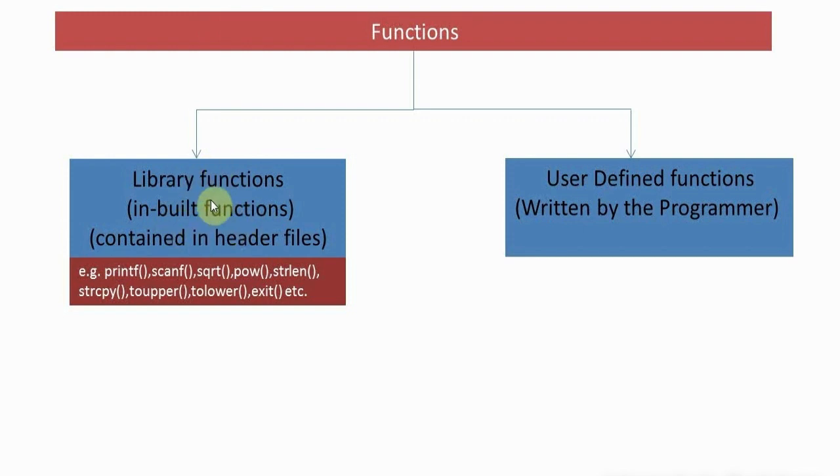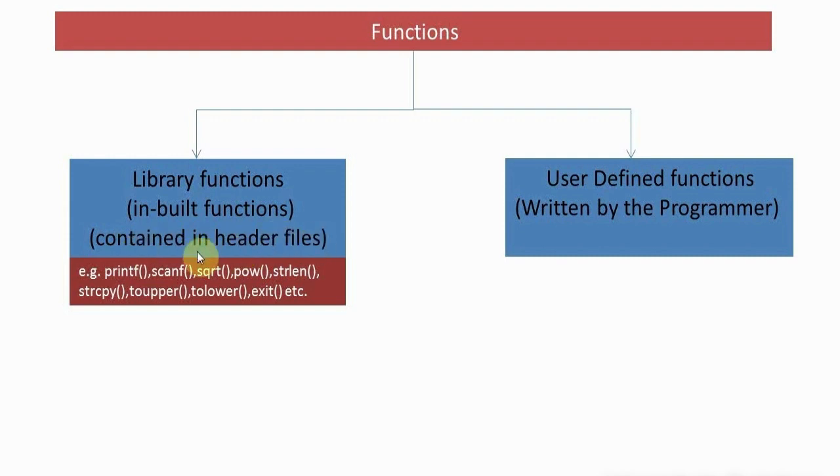These are the functions which come along with your compiler or the language that you are working in. For example, if you have installed C language, all the functions which are already provided to you are called library functions. By now you have become comfortable with the concept of header files.